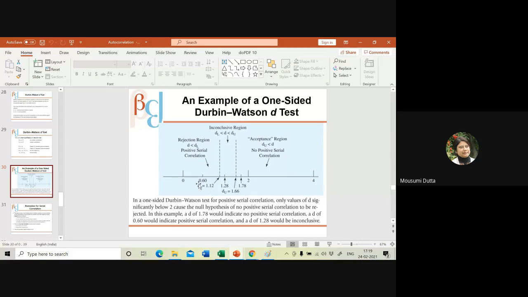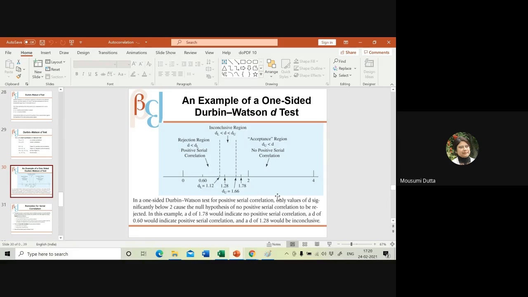So if the Durbin-Watson estimated value is 0.60, in that case there is positive serial correlation. If it is 1.28, in this range the test remains inconclusive. However, if it is 1.78, in that case also you will be able to conclude that no positive serial correlation is there, because it is crossing this limit DU.